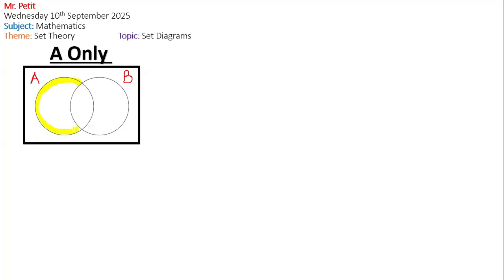So A only is only this part. Shade this part, but do not include the intersection.